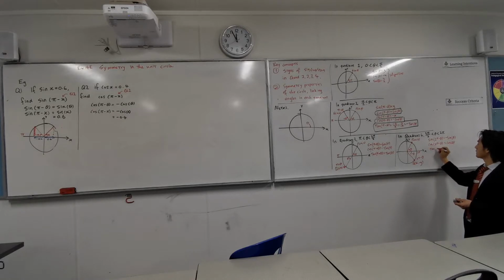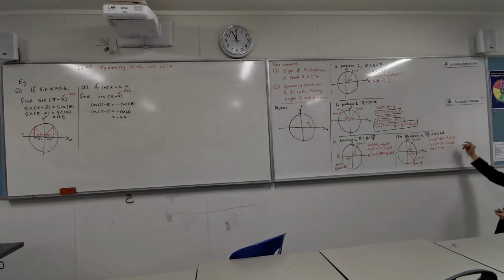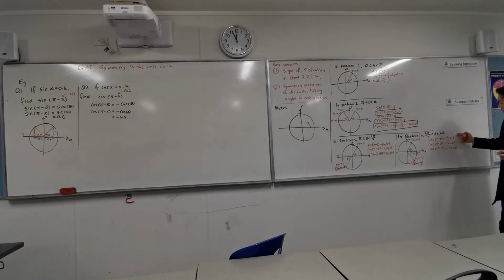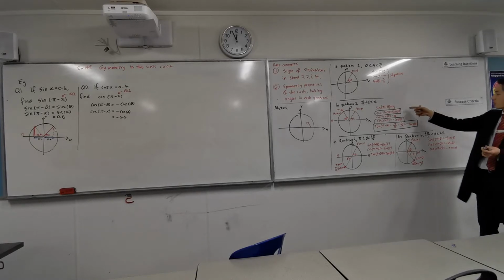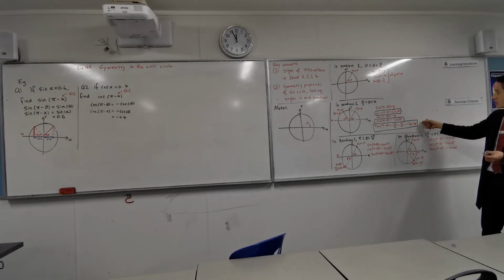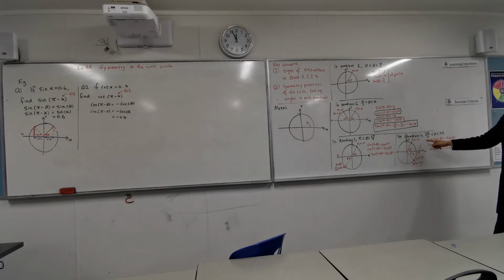And the tangent, okay, notice for a fact that if we do sine over cosine, well, it's negative sine over positive cosine, and a negative divided by a positive becomes a negative. And sine over cosine is tangent. So this is what we get, and these are all the different symmetry properties that we get when we look at the different quadrants in quadrants 2, 3, and 4.